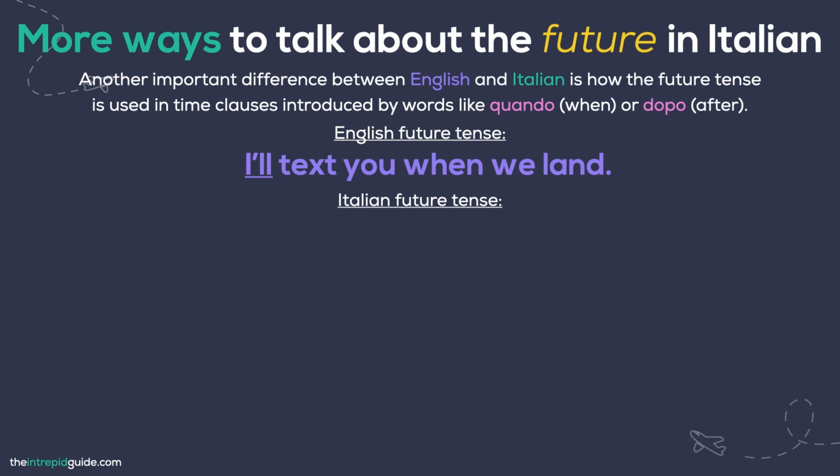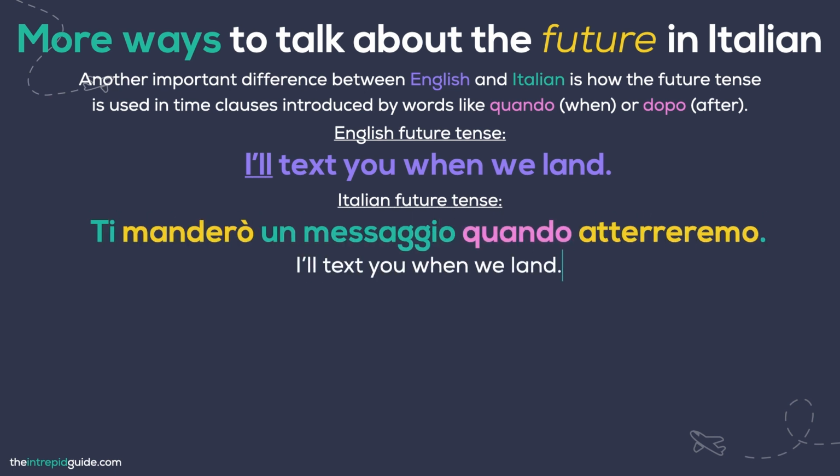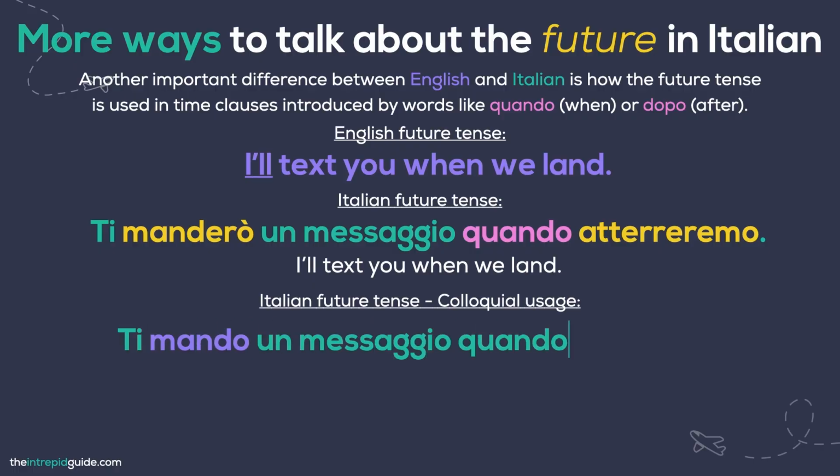In Italian, the equivalent sentence would be, Ti manderò un messaggio quando atterreremo. I'll text you when we land, because the future tense is generally used in both the main clause and the time clause. That said, in informal spoken Italian, you'll often hear the present tense used in the time clause, mirroring English. For example, Ti mando un messaggio quando atterriamo. I'll text you when we land.